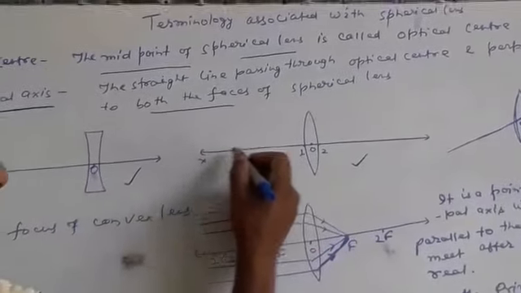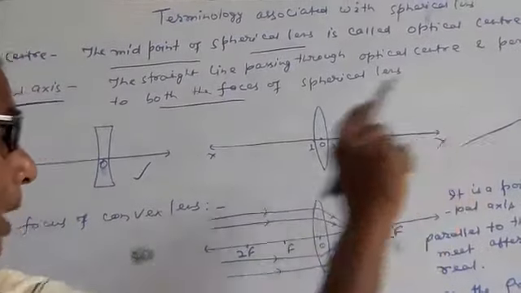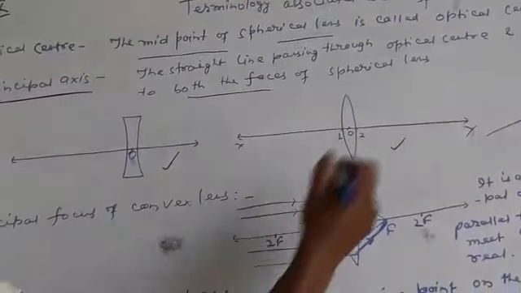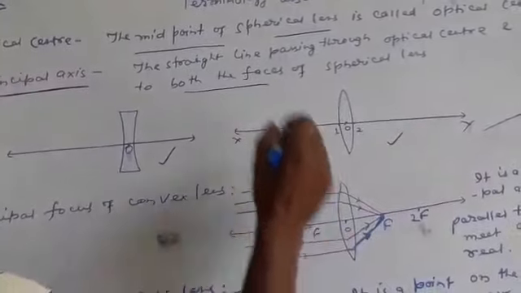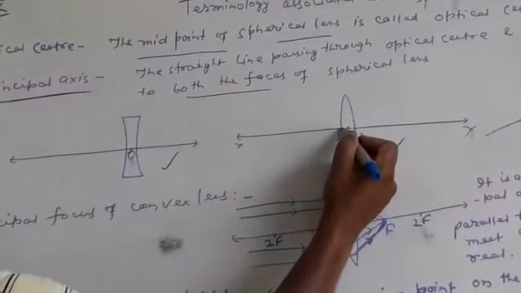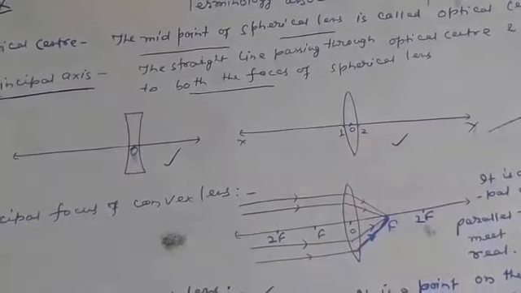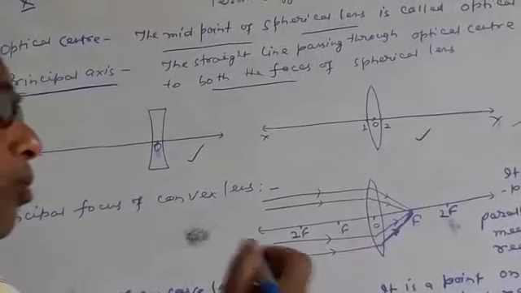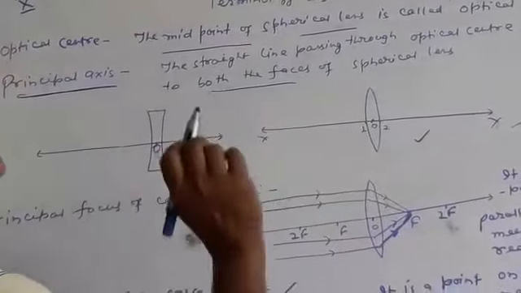A straight line XY is passing through the midpoint, that is the optical center, and it is perpendicular on both the faces, face number 1 and face number 2. If anyone asks how many faces a lens has, the answer is very simple: there are 2 faces of a spherical lens, may be concave or convex.